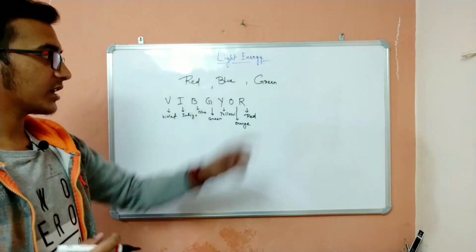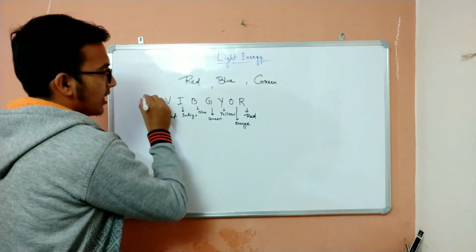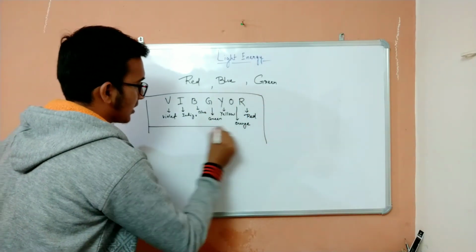These are the three basic colors, and these are the 7 main colors.